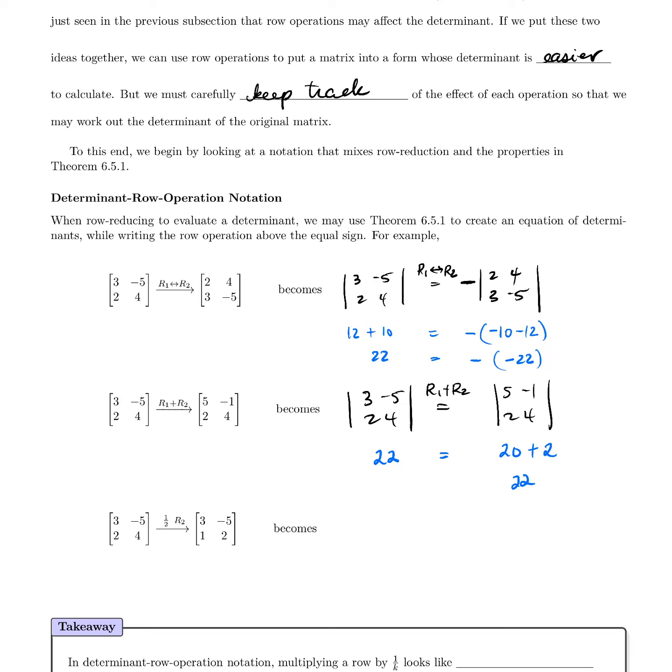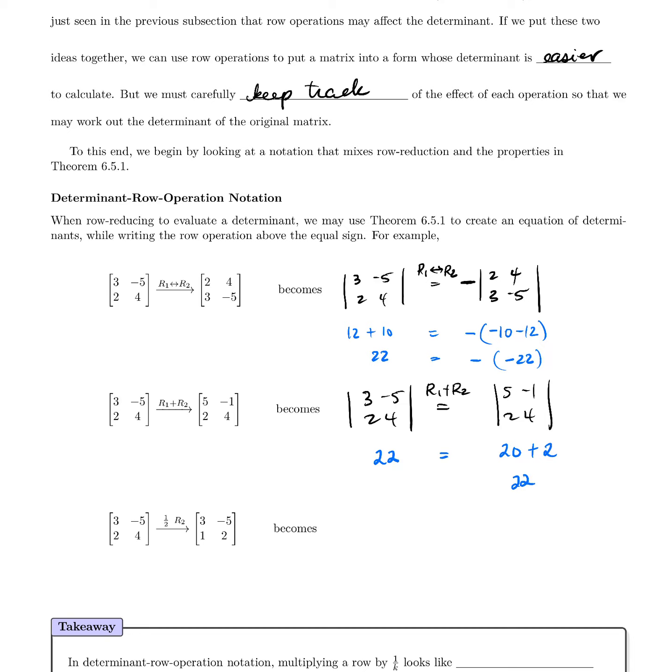Those are equal. And so in fact, there is no fix. There's nothing that I have to add in front here to make this a true equation. And we remember from theorem 6.5.1 that adding a multiple of one row to another did not change the determinant. So I can simply change the brackets into vertical bars, change the arrow into an equal sign, put the row operation there, and I have a true equality between those two determinants.